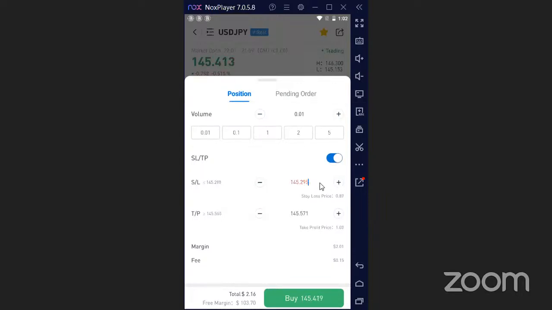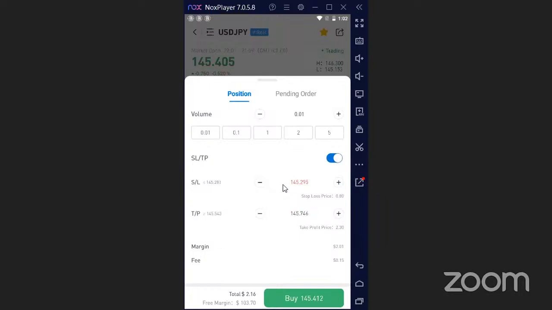Enter the SL and the TP, which is our take profit. Our take profit is 145.746.